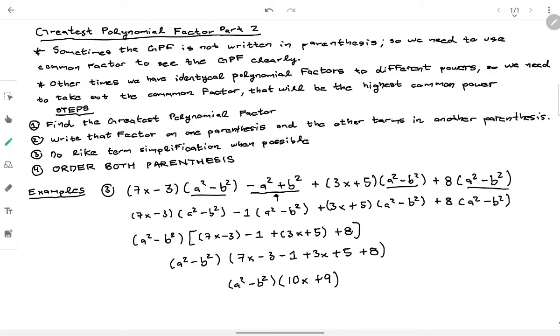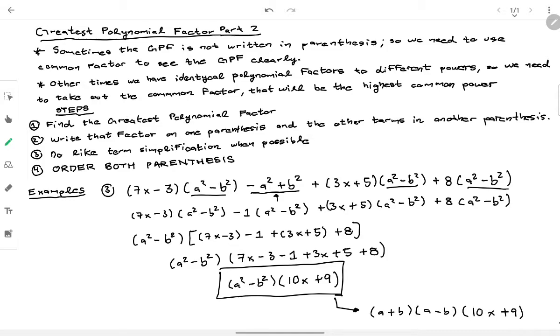So I cannot take out anything of the two parentheses, so this is going to be our final answer. Today we don't know the process of a squared minus b squared, but for those people that have seen it, this can also be written as a plus b multiplied by a minus b, that multiplies 10x plus 9.